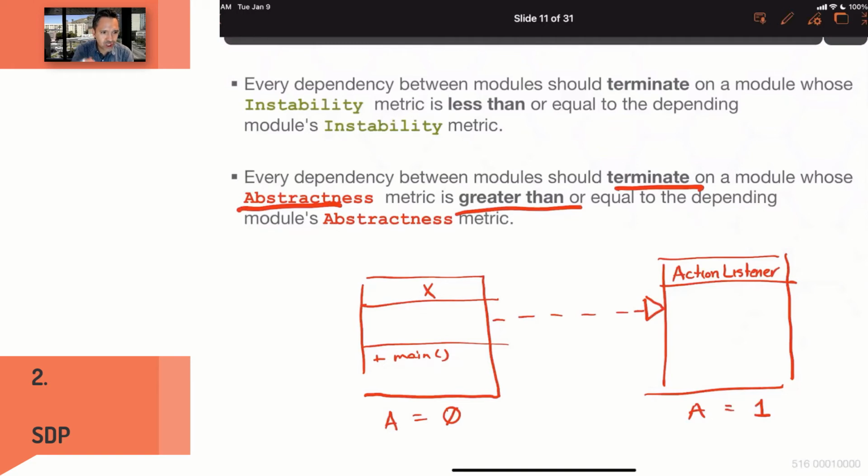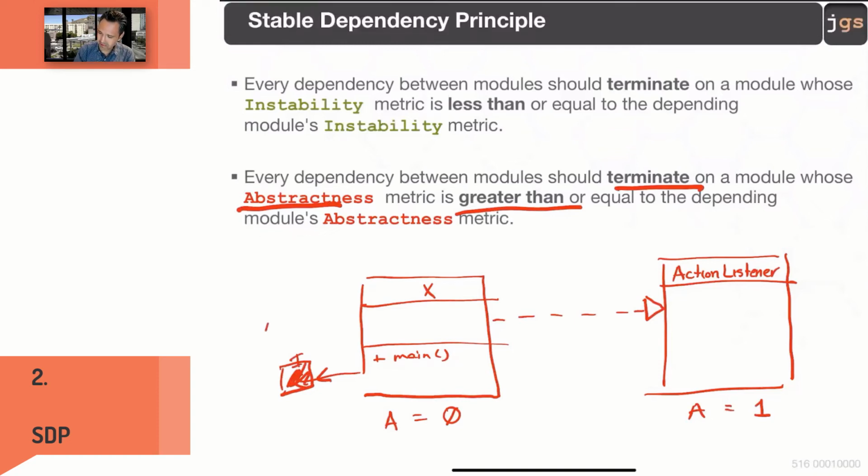When you are going to use something, it's a good idea to use the parent, and it's a good idea to have the parent as an interface. And in terms of numbers, that is a good idea because the abstraction of the parent as an interface is going to be 1. So you are connecting one thing with abstractness 0 with another thing with abstractness 1. That is good.